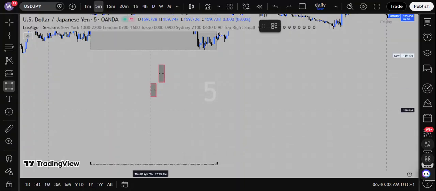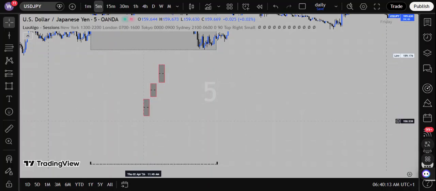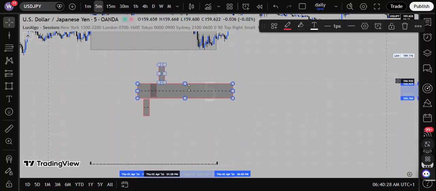So this is what fair value gap simply means. So when you have three subsequent candles forming right above each other, it's known as a fair value gap. And what is the gap and where is the gap? This is the gap. The candle in the middle is the gap. So this distance between these three candles right here is called the fair value gap.